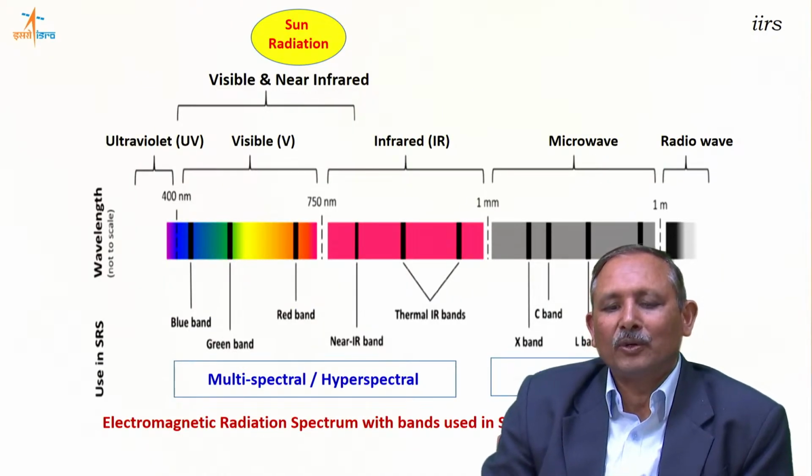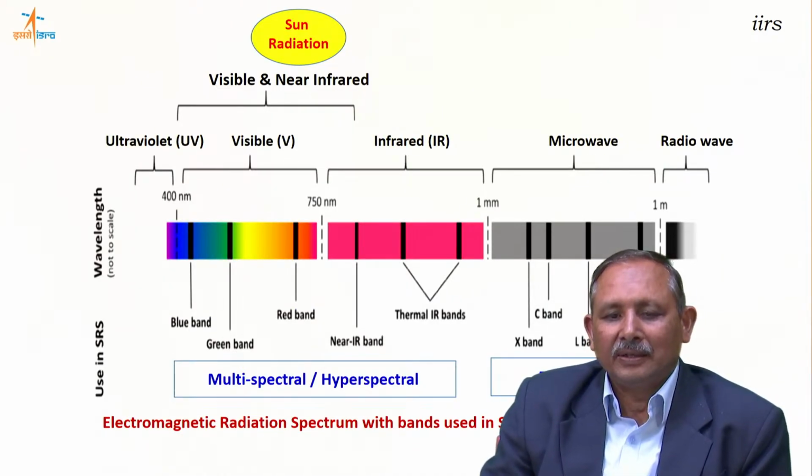When we talk about remote sensing technology, we talk about electromagnetic radiation. Here I am going to discuss optical remote sensing satellite data. In optical remote sensing, the sun is the source of electromagnetic radiation.